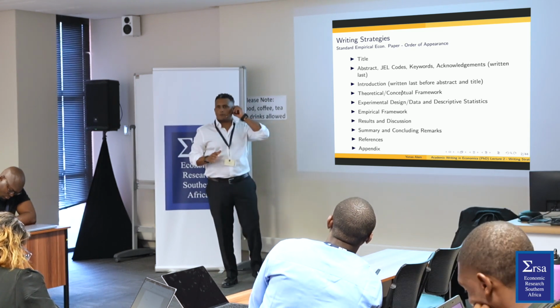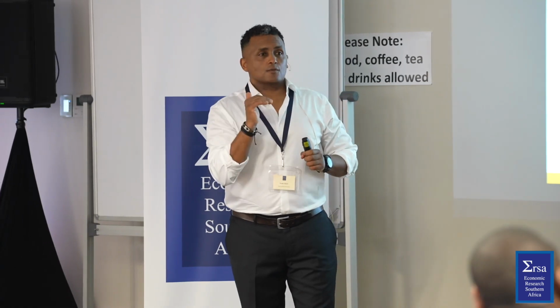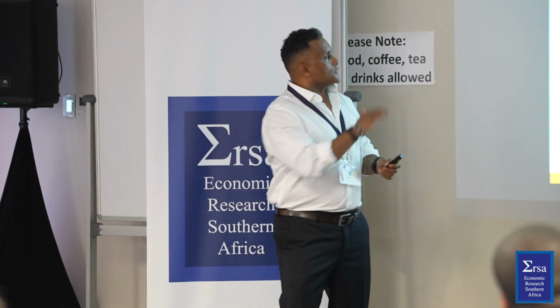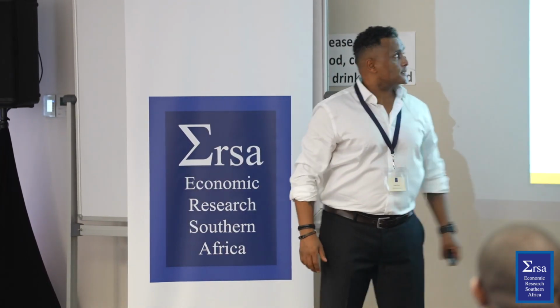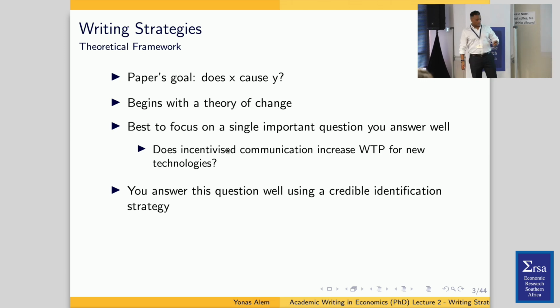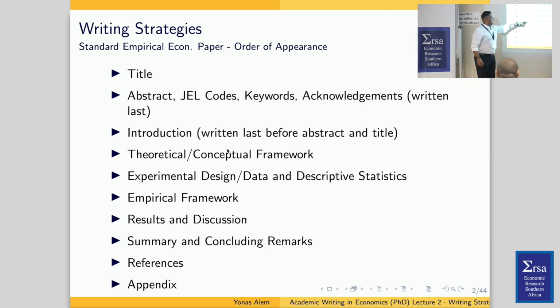But in general, around 90% of the papers published in those journals don't have a literature review section. They usually incorporate it into the introduction. All right. So the theoretical framework, we're starting from this part, right? We will discuss all of them one by one and come back to the introduction, the abstract and the title.